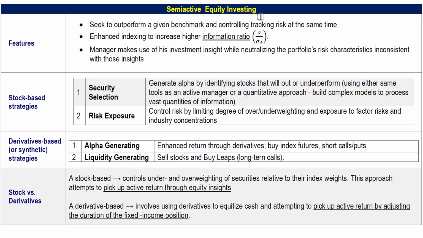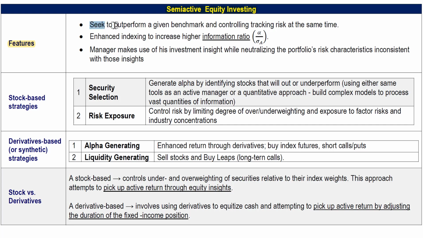Semi-active equity investing, as I mentioned before, has become more and more popular in the financial community, especially in the equity market. What are the main features of this type of approach? Well, the purpose here is to try to beat the market.